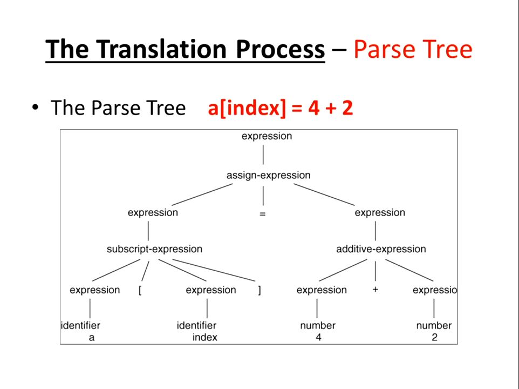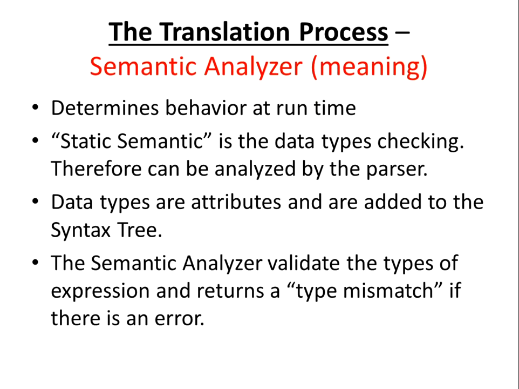So expression equal expression is one valid type of assignment expression, and an assignment expression is an expression. So the entire line of code is an expression in C++. So it is true, it has no syntactical or structural errors.